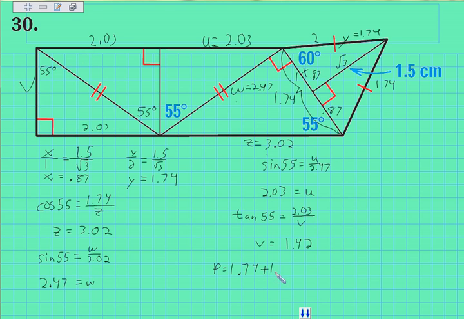Plus 1.74 plus 2.03, and actually I have 3 of those, so I'll take that times 3, plus this piece, which I found to be 1.42, forgot to label that, 2.03, which I already talked about, and then this piece, which is 3.02. Adding all that up, I get that the perimeter of this shape is 13.99 units.